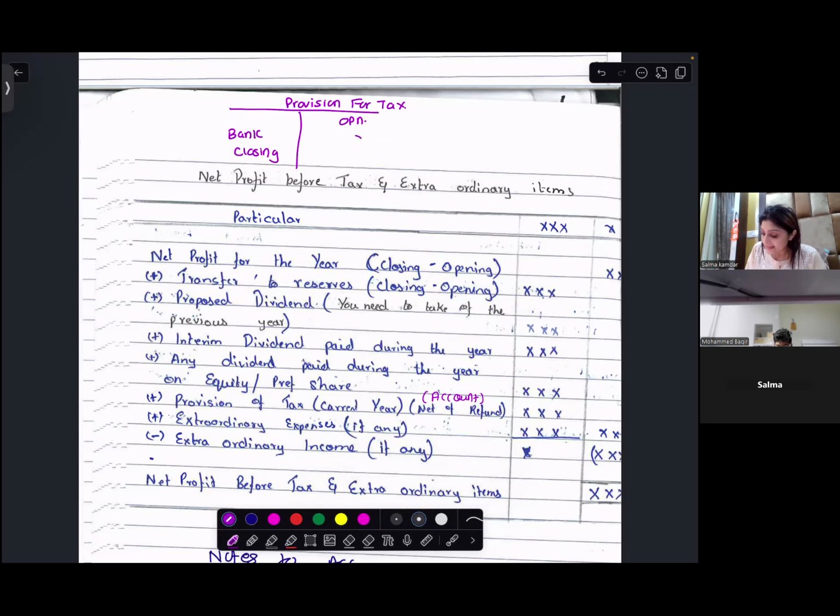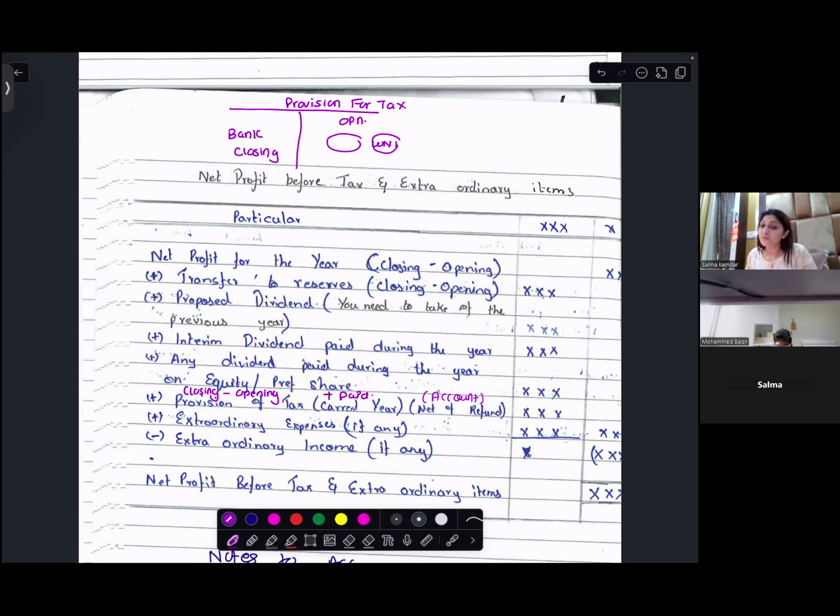This is the amount that goes in your working note number 1. So your closing minus opening plus paid. If you want to know it by formula, it will be closing minus the opening balance plus the tax that is paid.